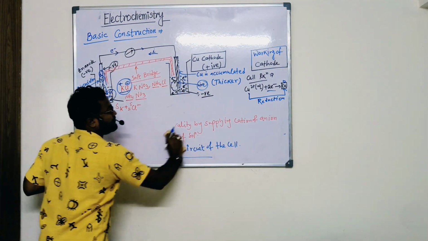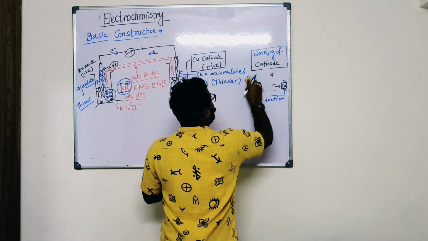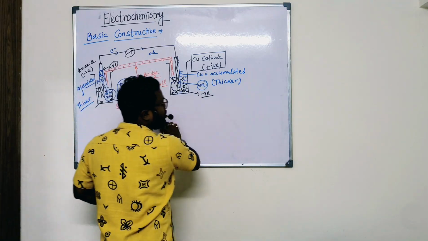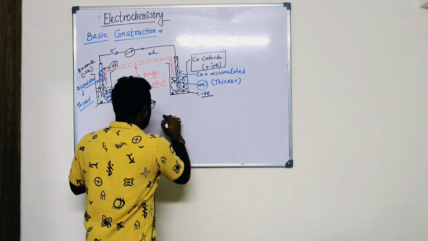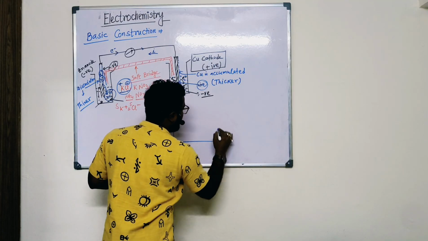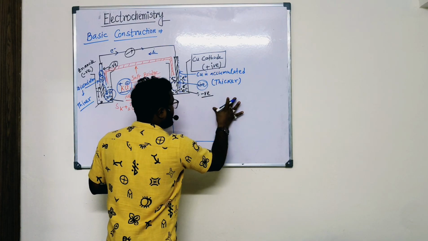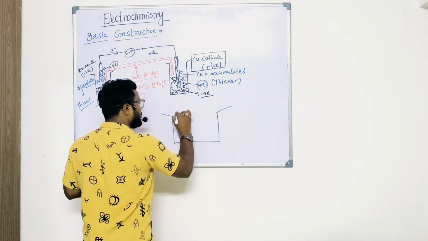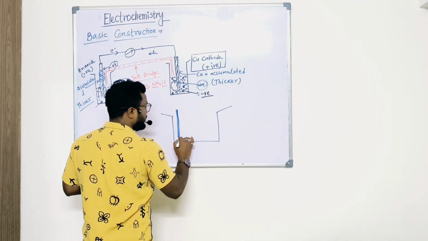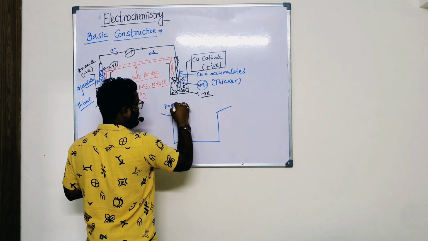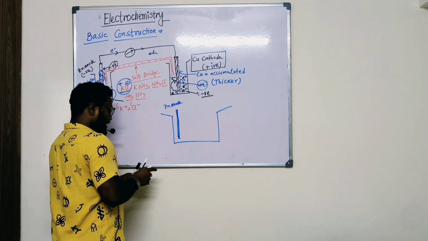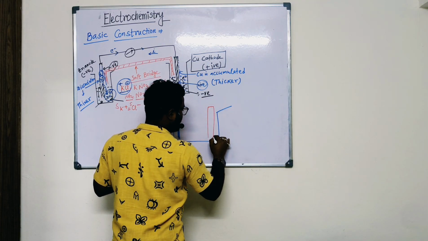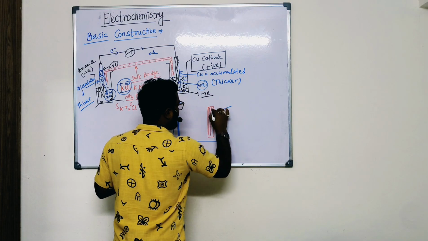Let me show you one. It is important to understand. So, how can it be drawn? Let us consider this is our complete electrolytic container, and in this case we have the zinc anode on the left side, and on the right side, it will be thicker, we have the copper cathode.